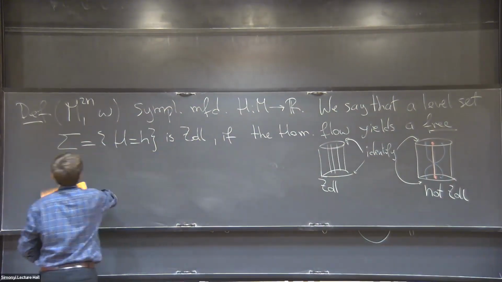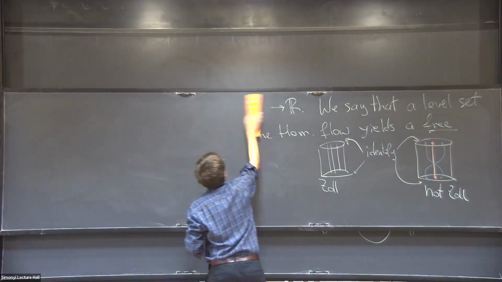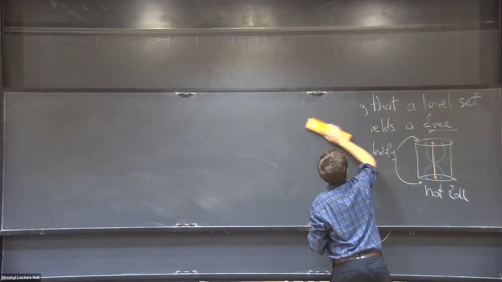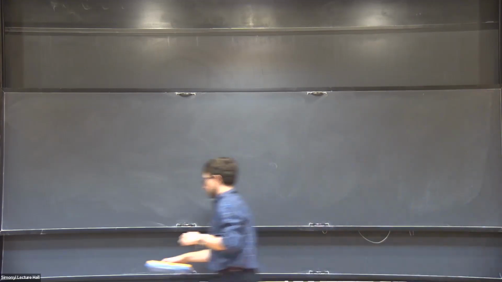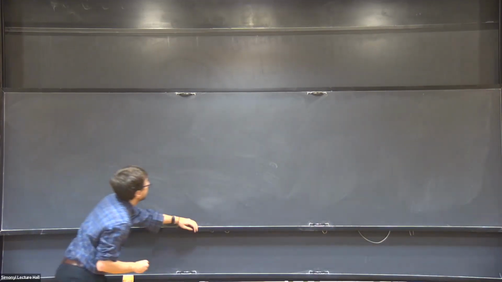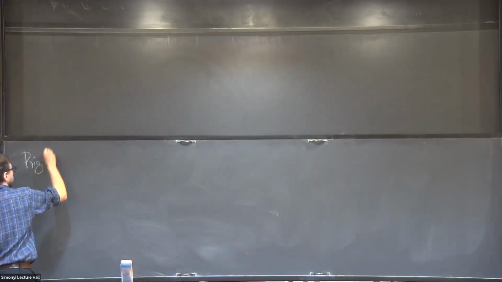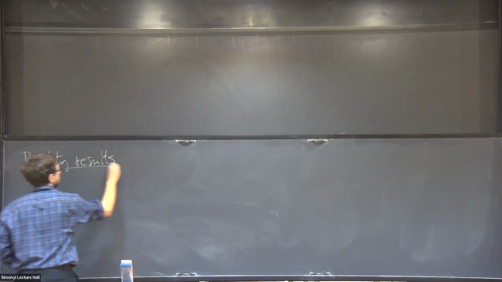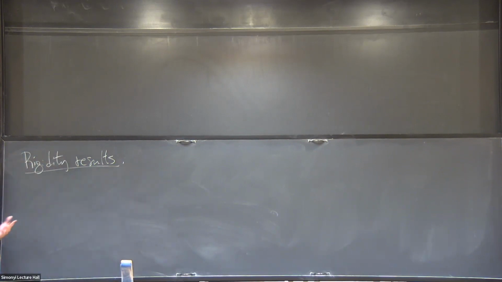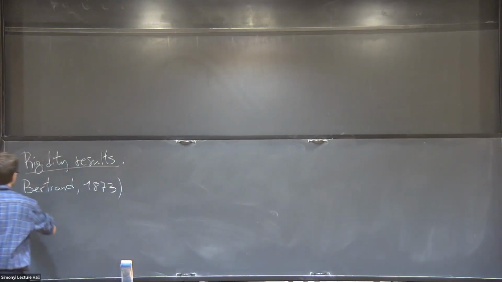Okay, then let me now go to the rigidity side of the question, and then I'll explain some of the recent results about flexibility. So the rigidity results. In the case of central forces, this is due to Bertrand, 1873.